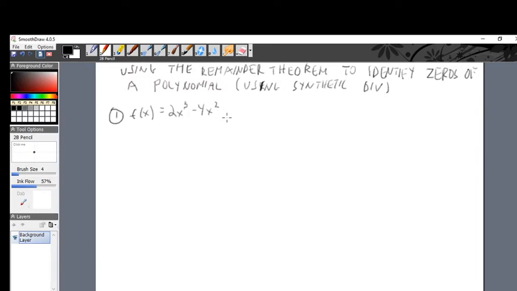Minus 4x squared minus 13x minus 9. Okay, there's no gaps again, so you don't have to worry about any 0x. 3, 2, 1. Fine, there's no gaps.